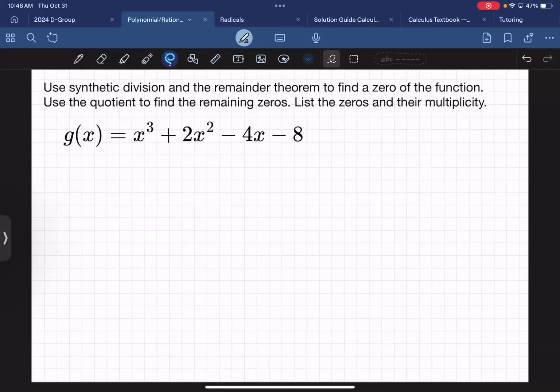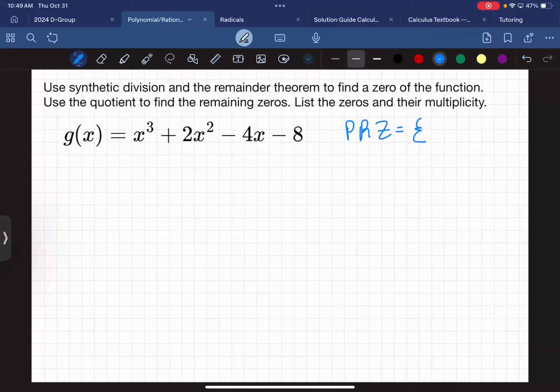What I did appreciate is several of you did write the correct thing that we should start with, right? We don't want to just use any random numbers here, right? We need to focus on what are numbers that work with this problem specifically. And this is one of the things that is very helpful. I didn't tell you to write it, but writing out your possible rational zeros is definitely something you should want to do.